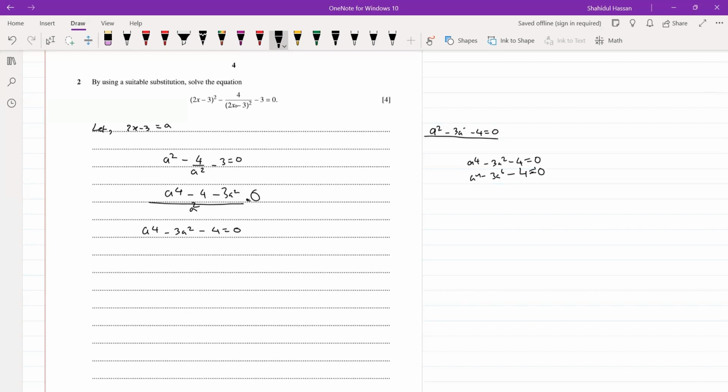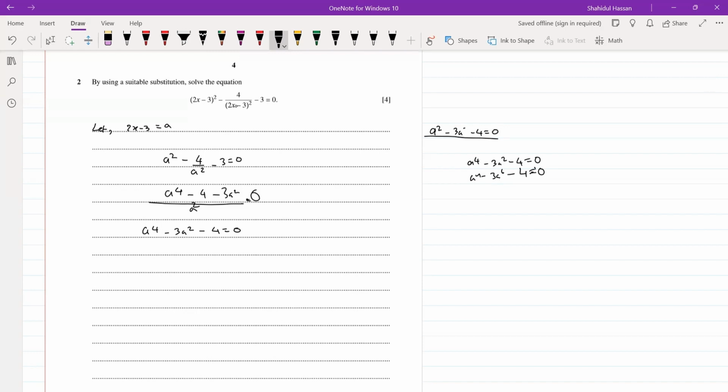So the technique is that the power of the second term should be half of the power of the first term. Okay? This is how to do it. All other techniques are the same as before.